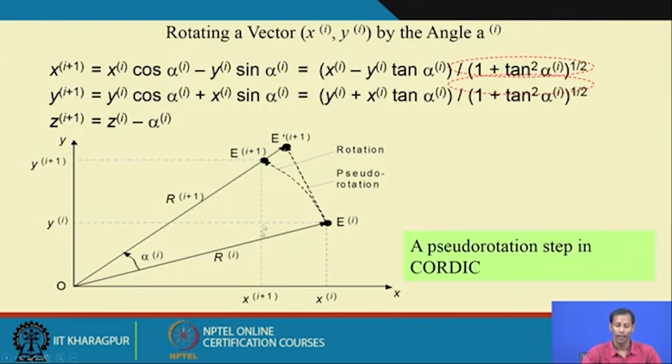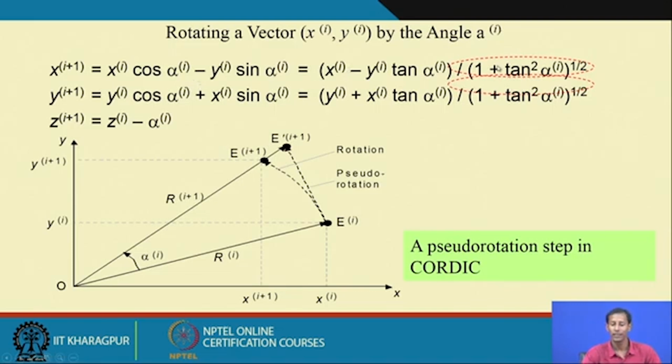Another example of the pseudo rotation step in CORDIC is that x2 and y2 are written as x1 cos theta plus y1 sin theta.